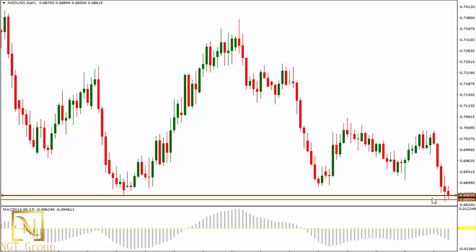So that means that this is still a false break. So the market may look pretty drastic, it may look pretty bad for the buyer side, but what's happening right now is they are changing their direction.